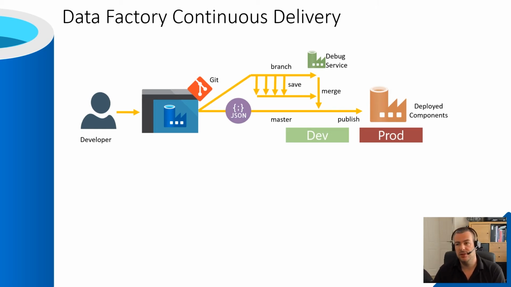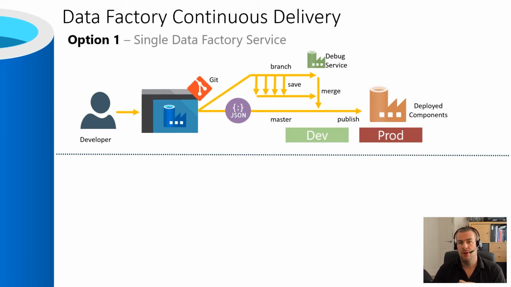And if we want, we could say that when we publish, we're publishing to our prod Data Factory if we're using a single Data Factory resource. In the context of deployment and delivery, I'm going to call that option one: using a single Data Factory in Azure, and that's all we need. We have no other requirements in our environment. We can use a single Data Factory for both development and deployed to production.